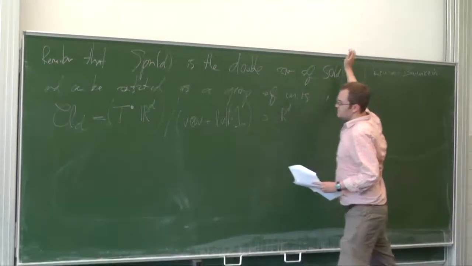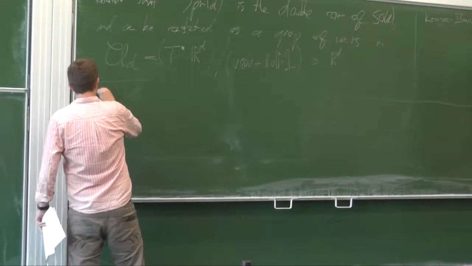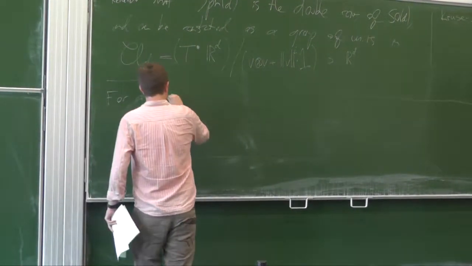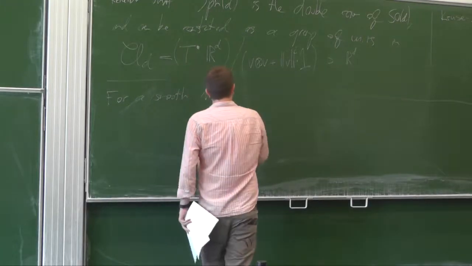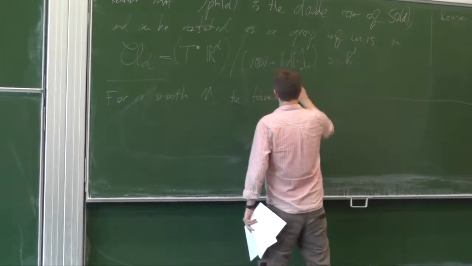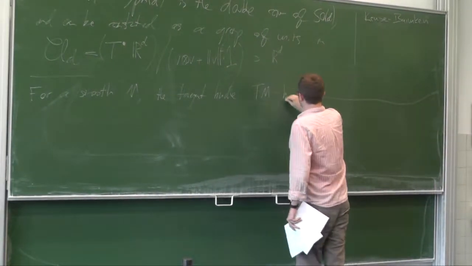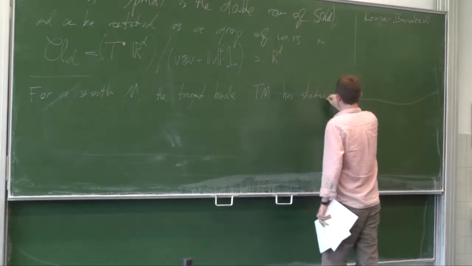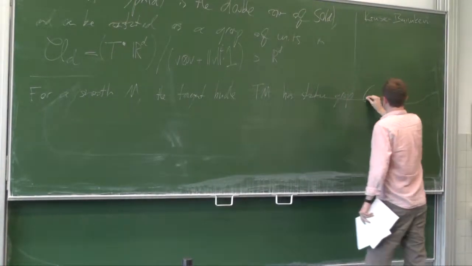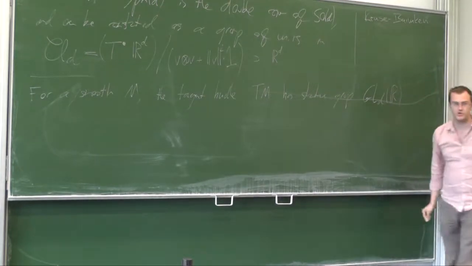So, that's one point. If I just have a smooth manifold, the tangent bundle TM has structure group the general linear group, that's all you know about it.